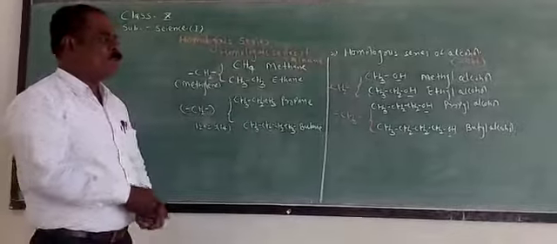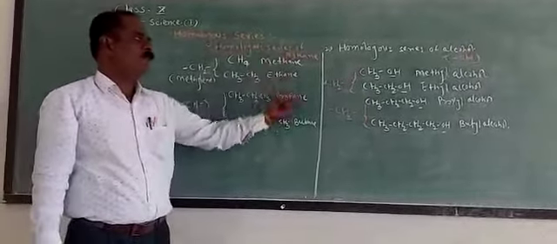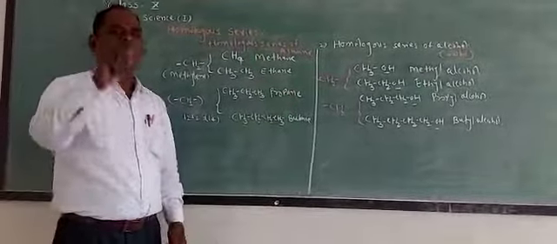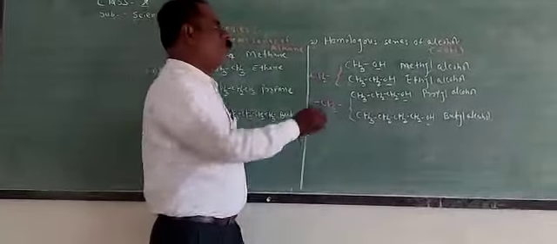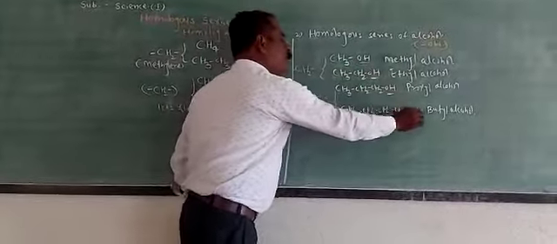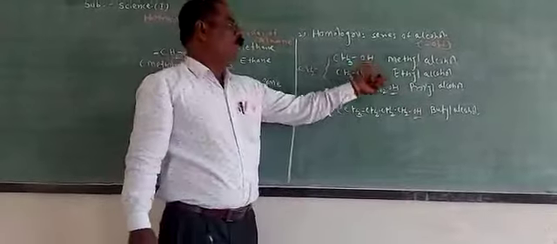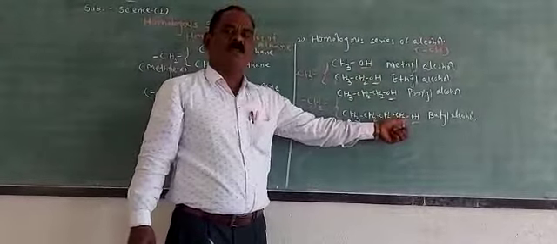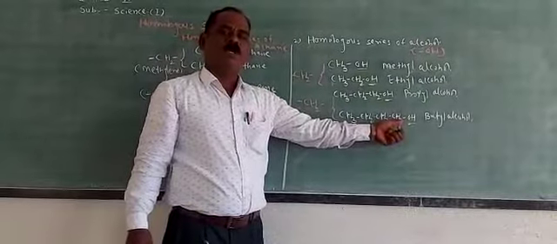What are the characteristics? Take the characteristics from these examples. The first characteristic: all compounds in a homologous series have the same functional group. Here OH is the functional group.